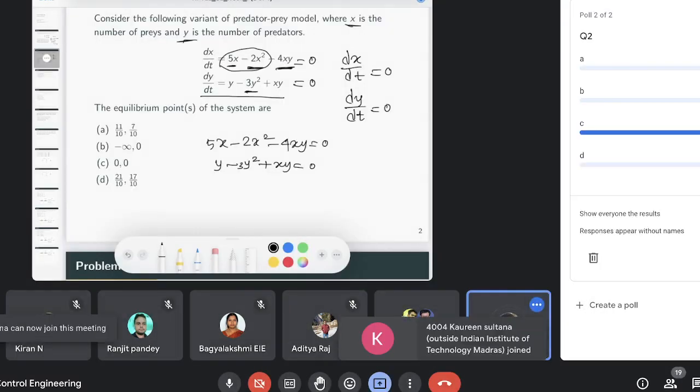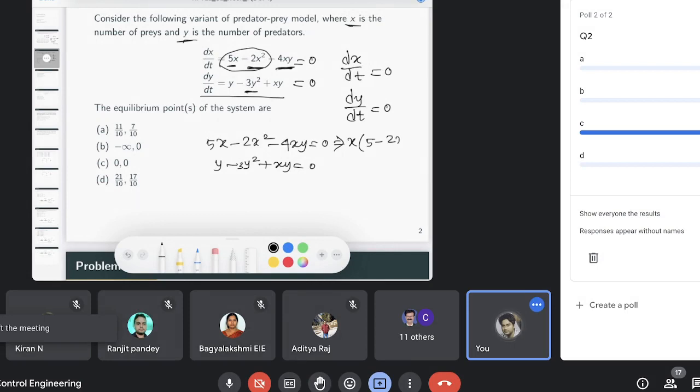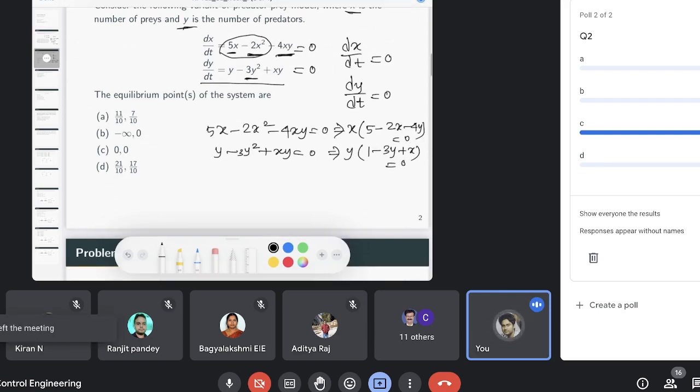You can take x common, so you have x times (5 minus 2x minus 4y), and y times (1 minus 3y plus x). Both are equal to 0. Then one solution is x equal to 0, y equal to 0. That means there is no prey or predator, and the system will remain there indefinitely. So this is one trivial equilibrium point.